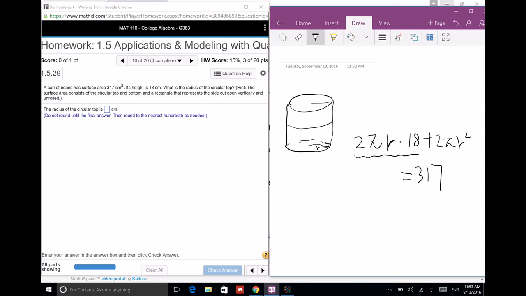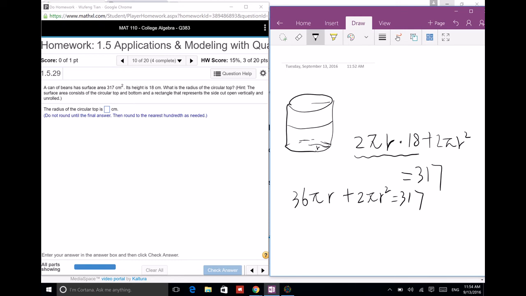Okay, then you solve for r. Oh, there's no pi to cancel, so you have to solve that using pi as 3.14. So basically, you have 36 pi r plus 2 pi r squared equals 317.